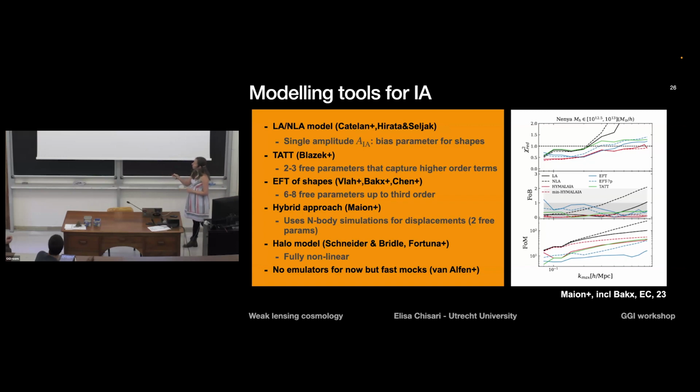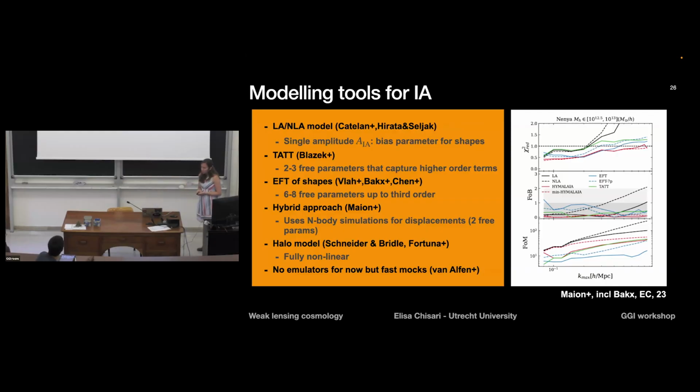Then we have EFT of galaxy shapes, so something that we've been working on with Zvonimir and Thomas. Stephen also has an LPT version of this. That has between 6 to 8 free parameters, up to third order. You can also use a hybrid approach, so combine nonlinear displacements of the matter field in N-body simulations with this EFT.